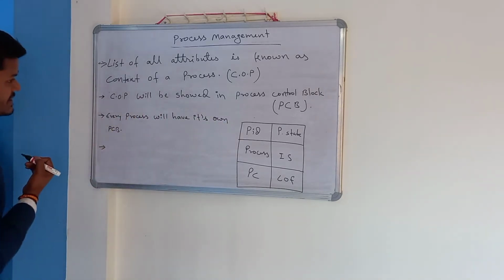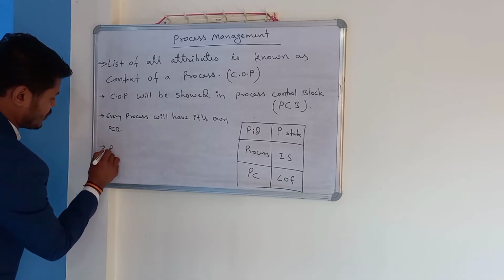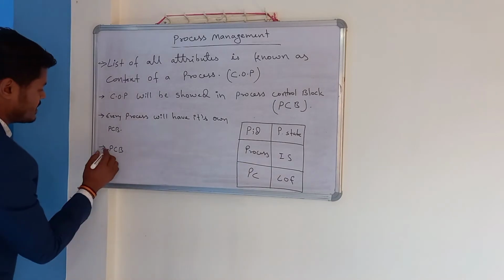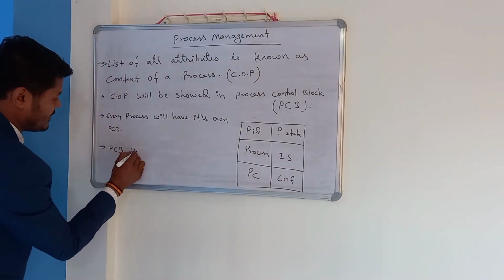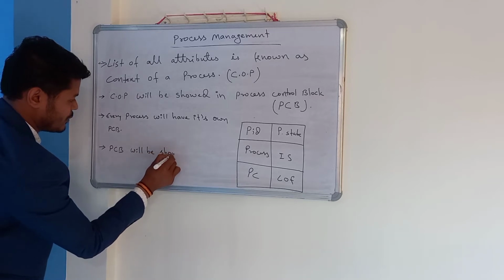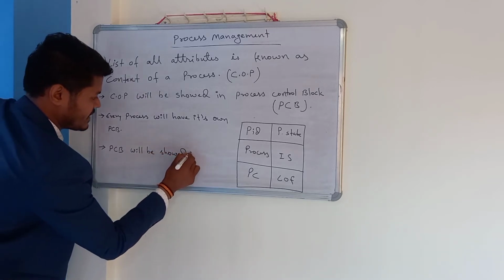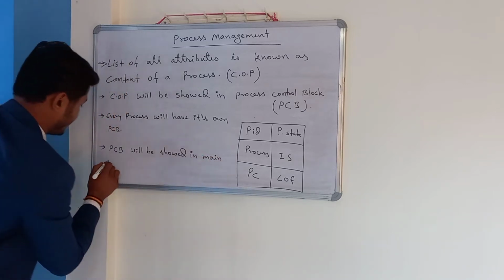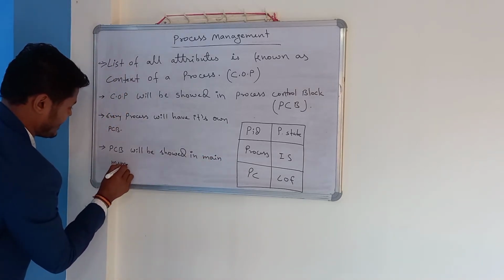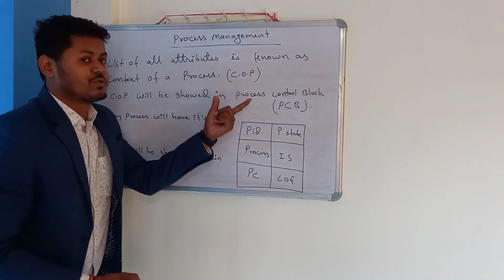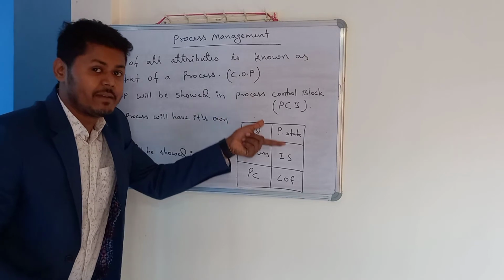Last point is about the process control block. The process control block will be stored in main memory, because if a program is under execution, then the process will be in main memory.